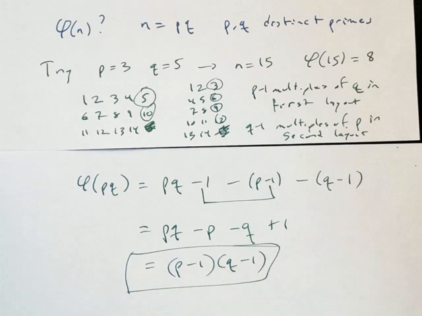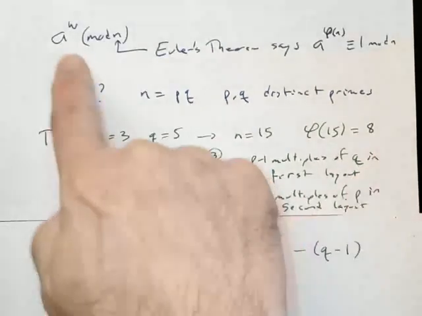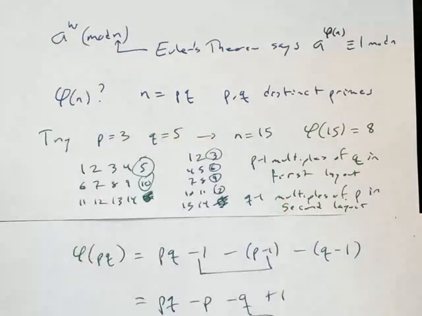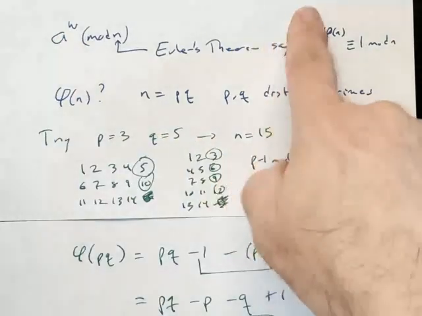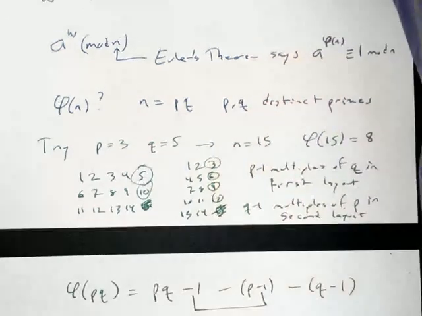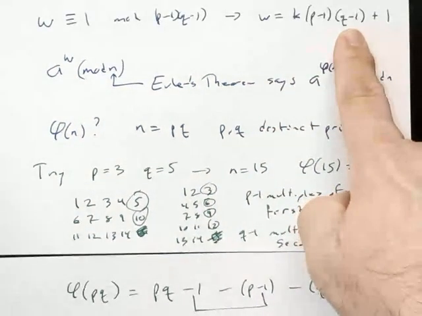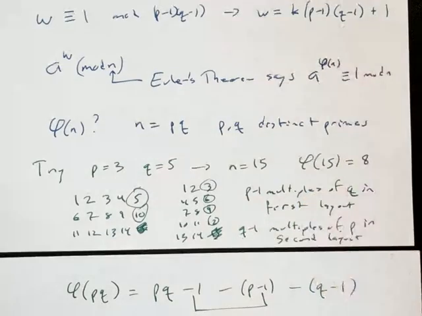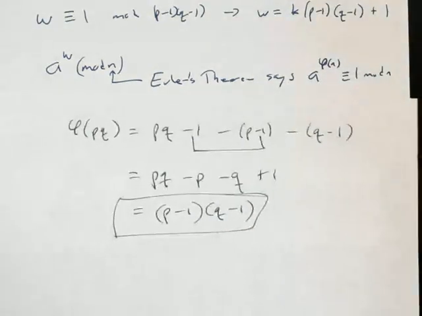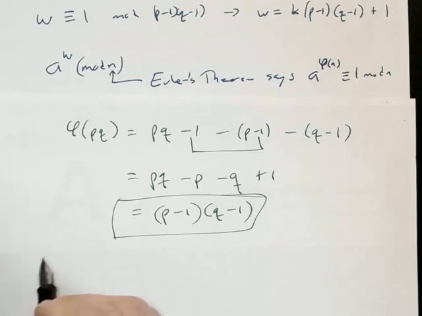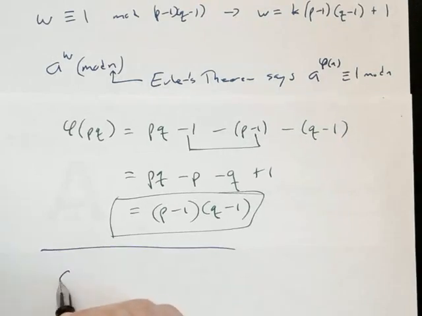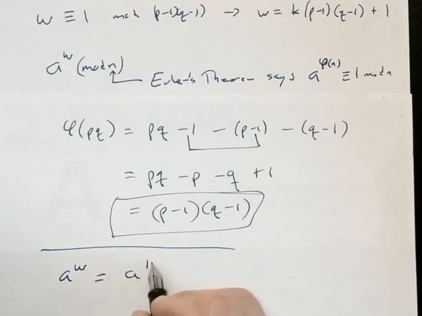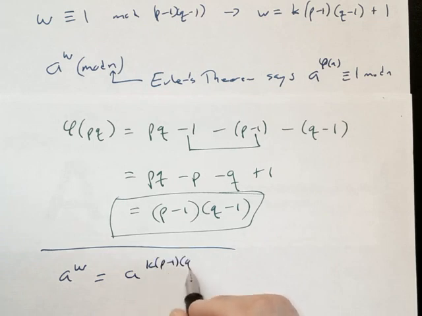Okay, wait a minute. My goal back here was to do a to the w, right? W looks like this. So, switching back, a to the w is a to the k times p minus 1 times q minus 1, plus 1.